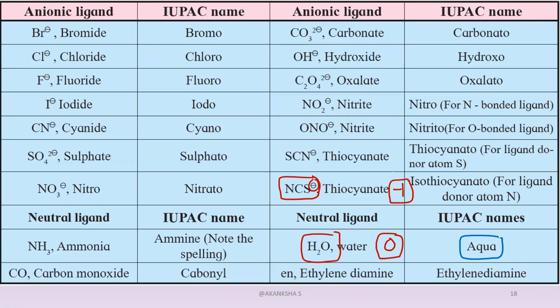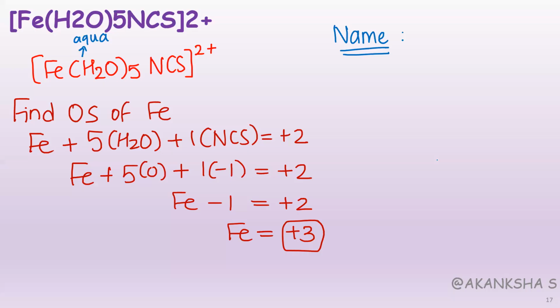NCS, because N is there, we call it isothiocyanate. So whenever we have two ligands, we always go alphabetically. Aqua comes first because letter A. 5 aqua meaning penta aqua.